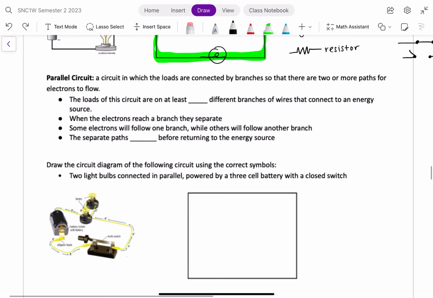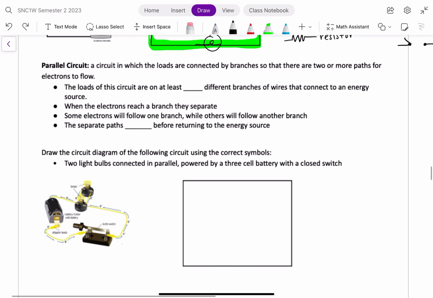The next one is a parallel circuit. So a circuit where the loads are connected by branches, meaning there's 2 or more paths for the electrons to flow. The loads of this circuit are on at least 2 different branches of wires that end up connecting to an energy source.